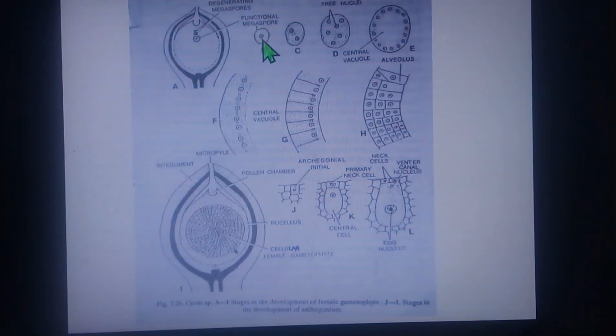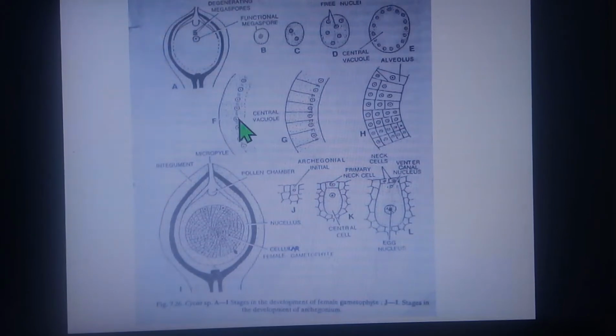So what happens to this functional megaspore? Prior to germination, this functional megaspore enlarges in size. Okay, it enlarges by absorbing some of its neighboring cells. The neighboring cells in the nucellus will be absorbed by the functional megaspore, and thus the functional megaspore will enlarge in size.